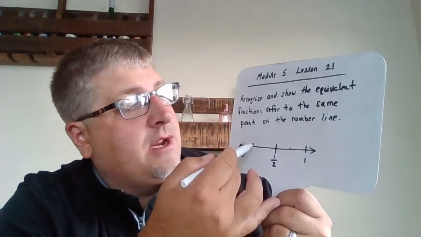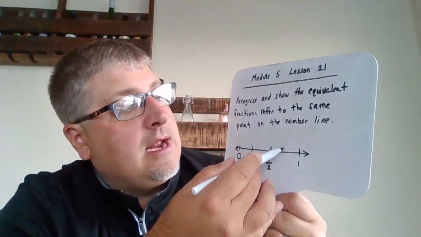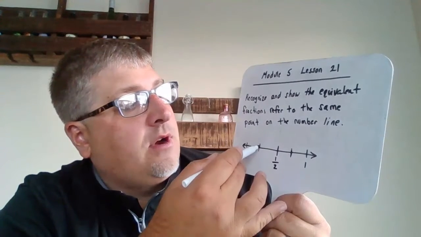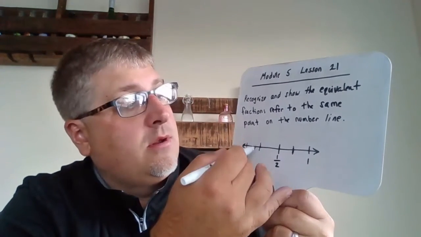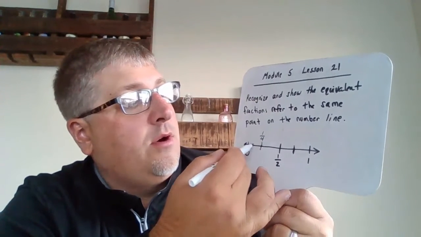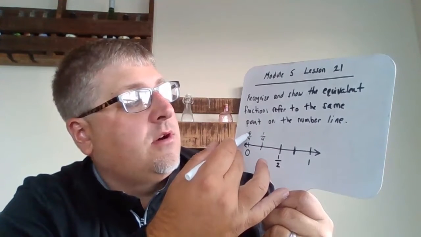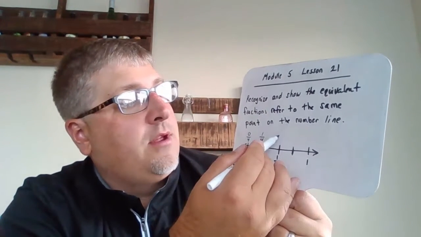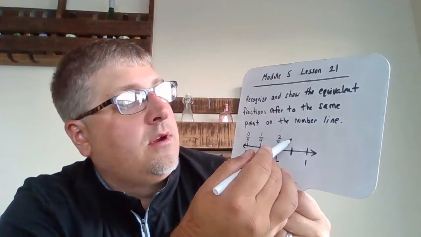So what I'm going to do right here is cut this into fourths, okay? So here I got 0. Actually, I'm going to start here with 0 fourths with the 0. I have 1/4. Here I'm going to put 2 fourths.